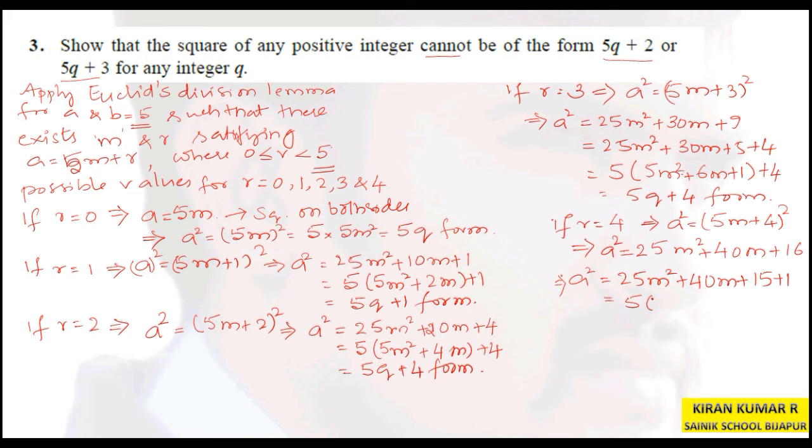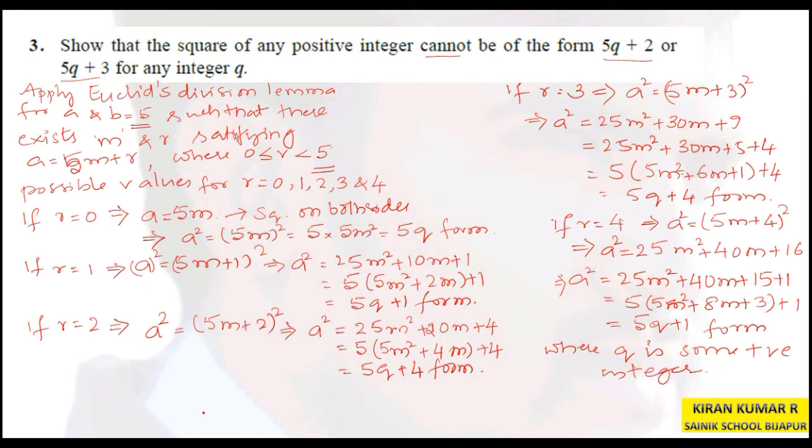I'll be getting 5 times of 5m square plus 8m plus 3, added to 1, which is like 5q plus 1 form, where q is some positive integer.